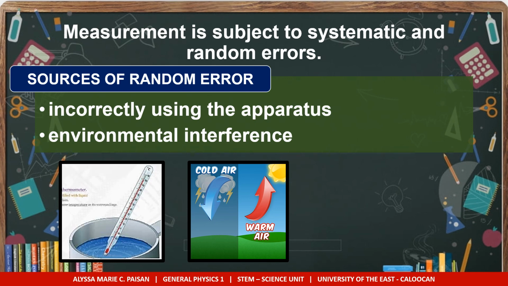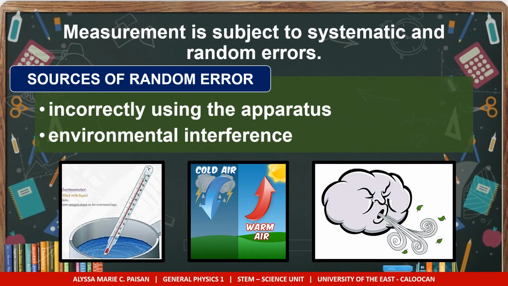There should be no changes in the time unless time is a factor. So you're going to have a set of data for the morning and a set of data for the afternoon, okay? But still, your data are grouped as the morning data and the afternoon data. And another environmental interference could be caused by a sudden gust of wind. Okay, it can interfere with your measuring.